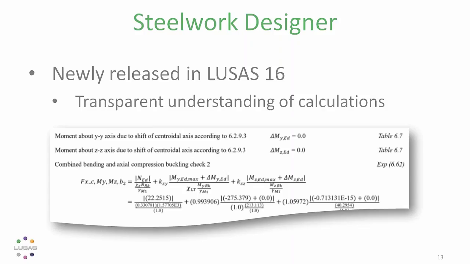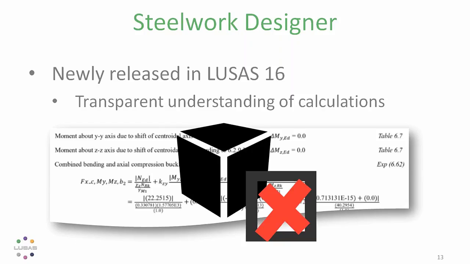In other words, you can see every clause, every formula, substitution, every answer, and references back to the code that help you as an engineer understand the process, and also help share it with others. It gets you away from the more typical black box approach of design calculations, and it's a methodology that we want to take forwards into other sectional design with future releases.